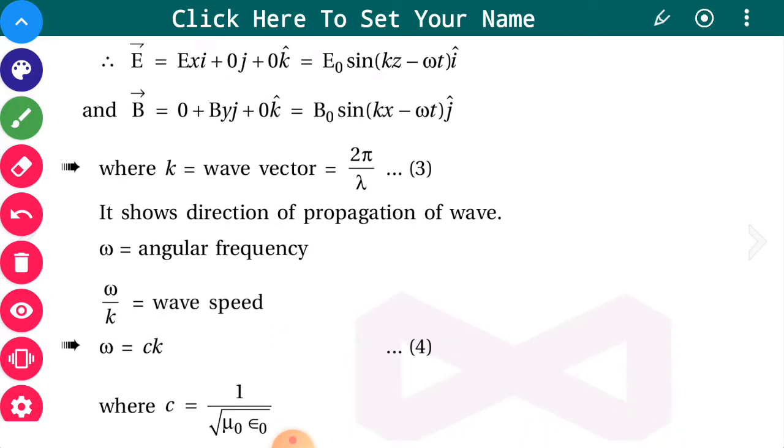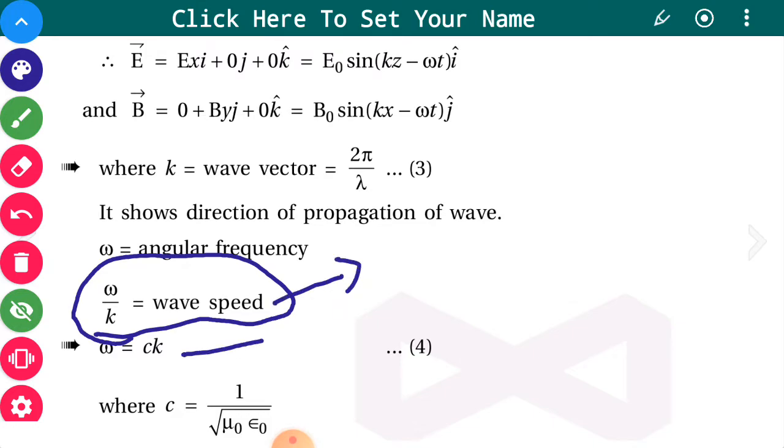Now as you know, k is 2π/λ, which is the wave vector, and ω is the angular frequency, and ω/k is the wave speed. This we have studied in our 11th standard. So ω equals the wave speed, and electromagnetic waves have a speed denoted by c.